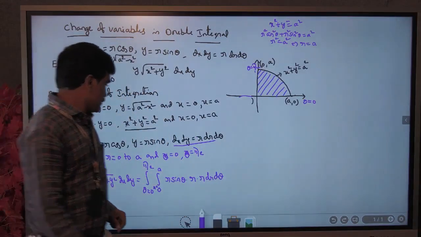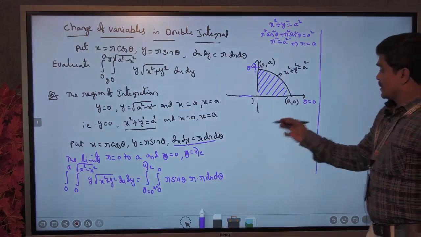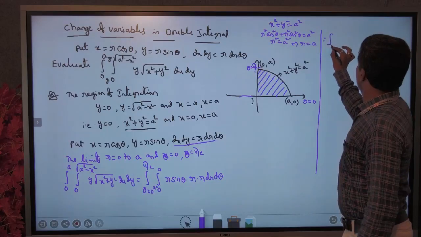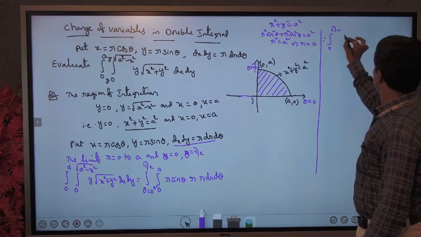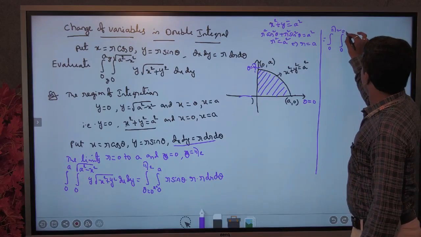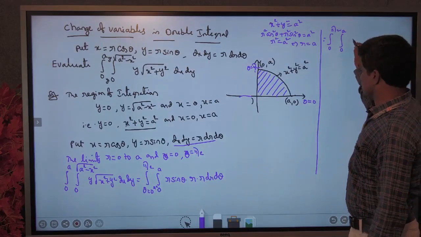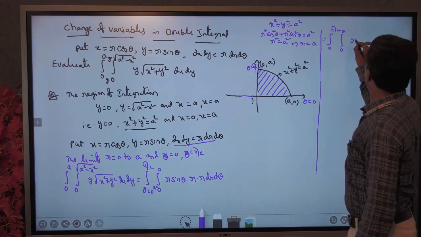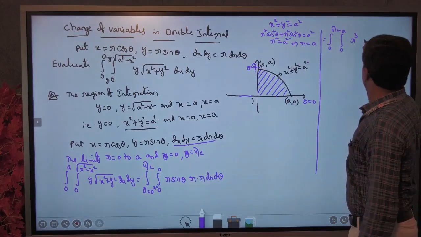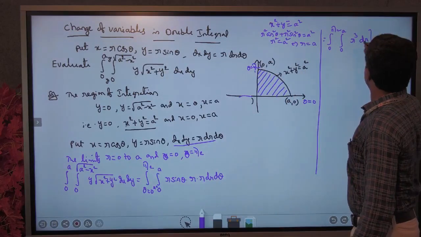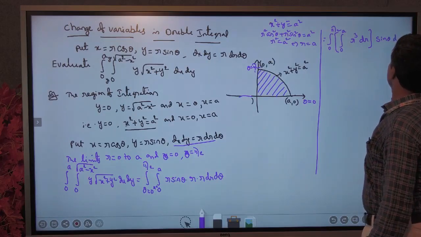Now simplifying this, the limits are 0 to pi by 2, right? Next 0 to a. Both are constants. First integration with respect to r, so r cube dr, then with respect to theta.